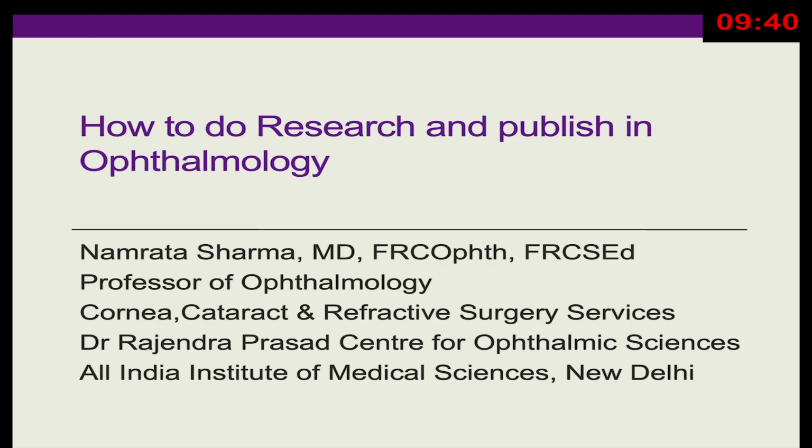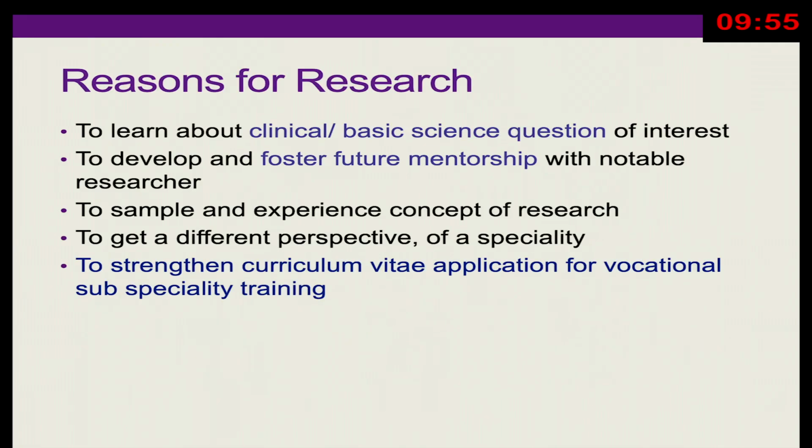So I am going to be talking to you about how to do research and publish in ophthalmology. Publishing and research is, of course, my first passion right from my postgraduate days. And the reasons for research could be any. It could be if you want to ask a question, if you want a diagnosis, or if you want to know what is the treatment of that particular thing.